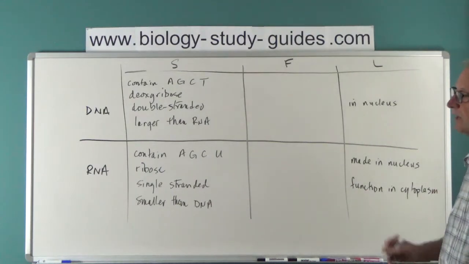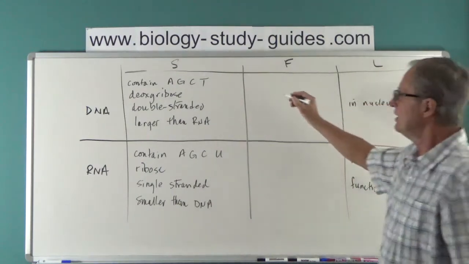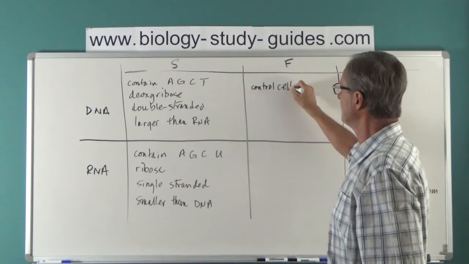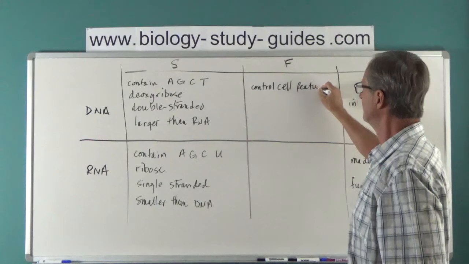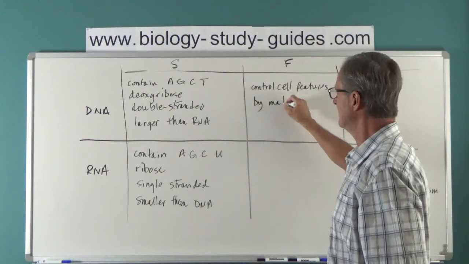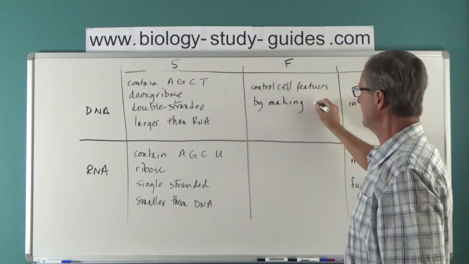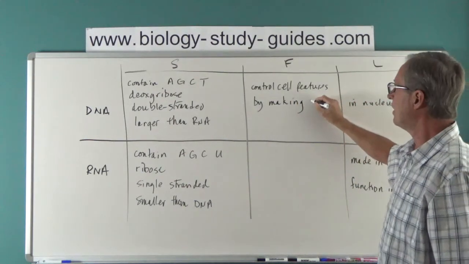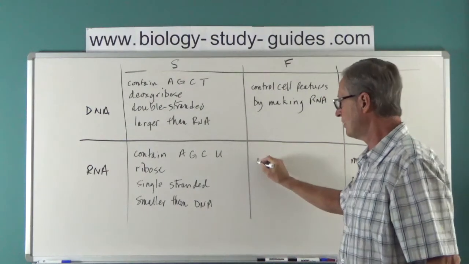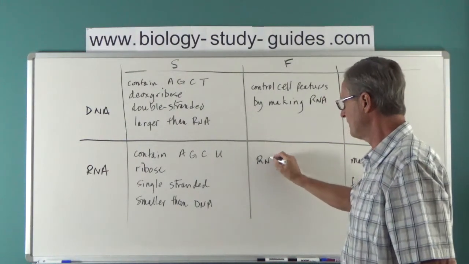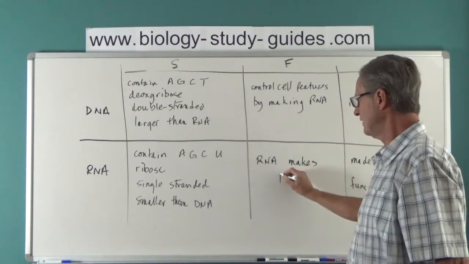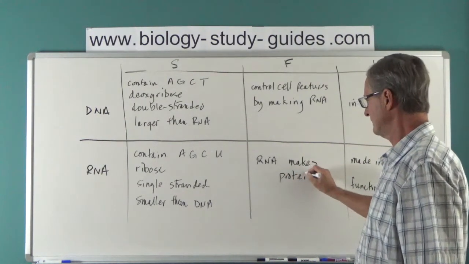The function of chromosomes, of DNA, is to control cell features by making RNA. The function of RNA is to make proteins.